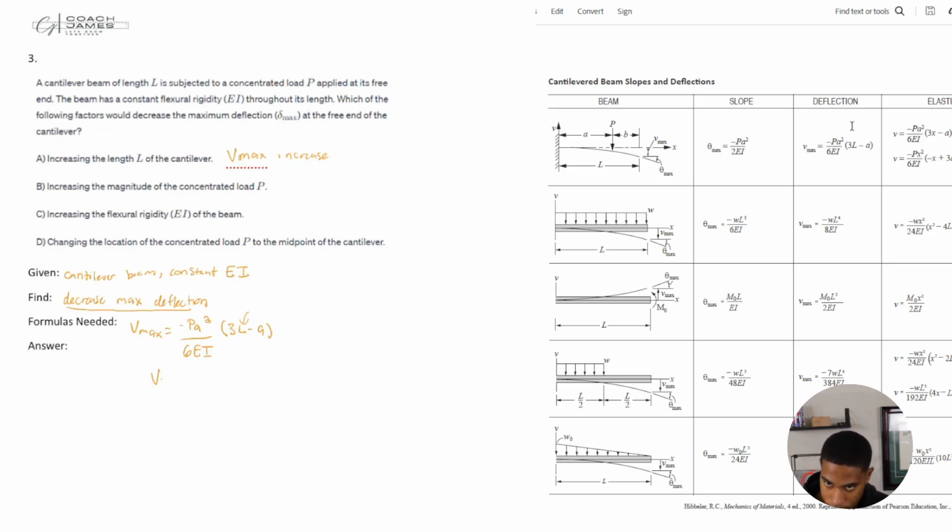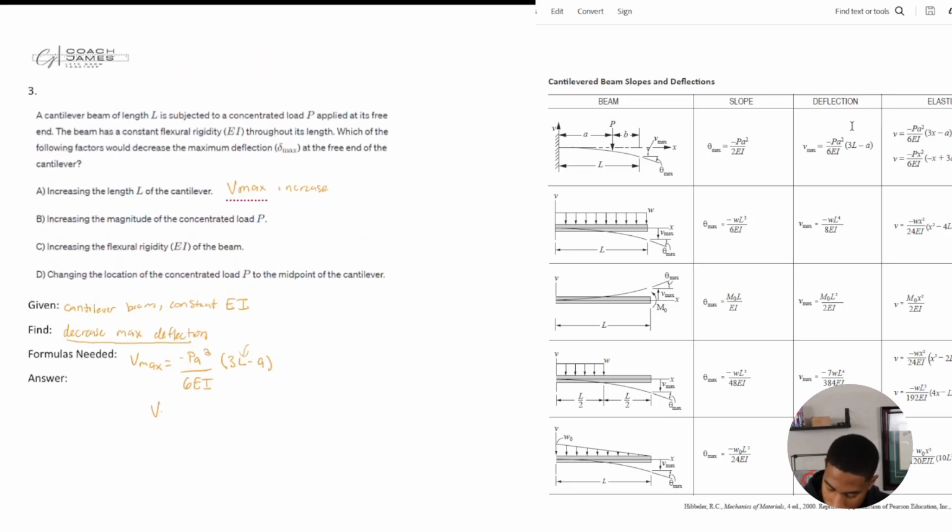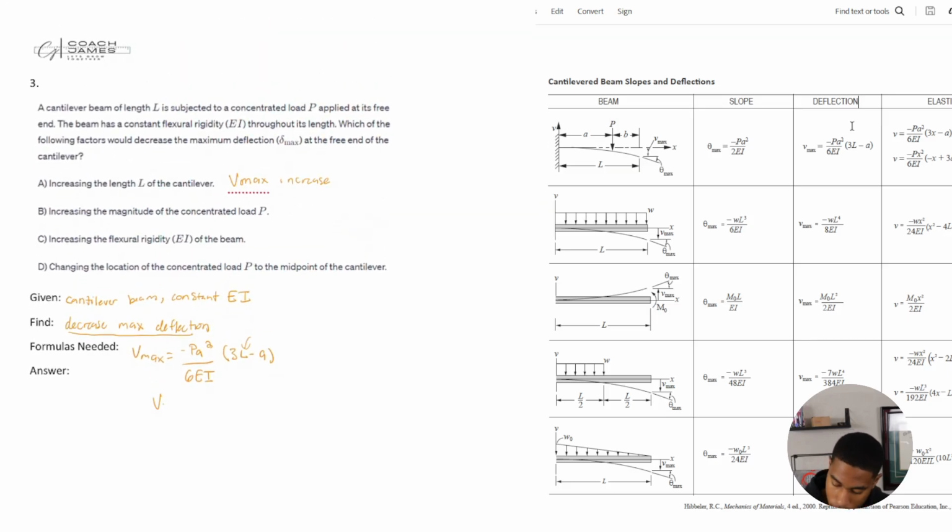If I was to increase the magnitude of the concentrated load, I take the same equation, and we say EI is 1, L is 1, A is 1, and I just look at primarily P, and I increase it to 2, right?